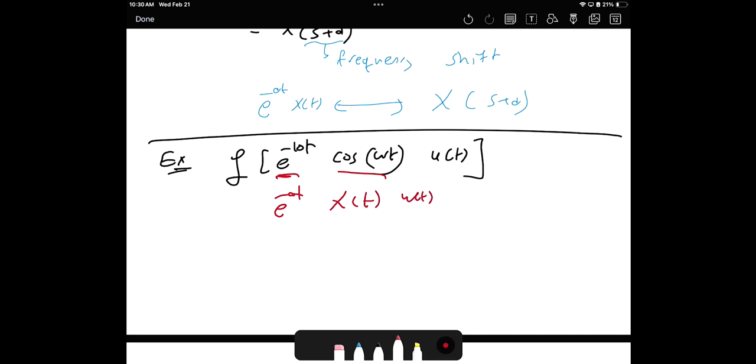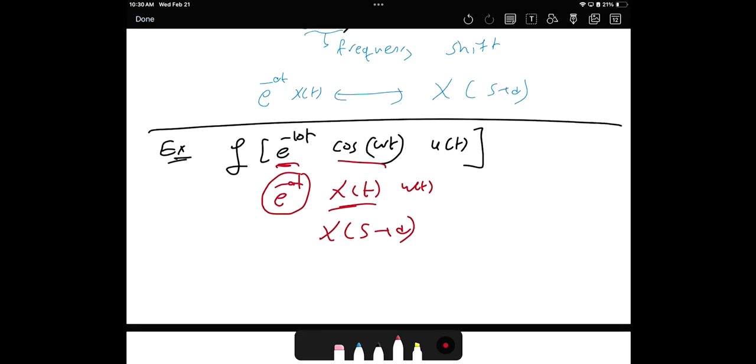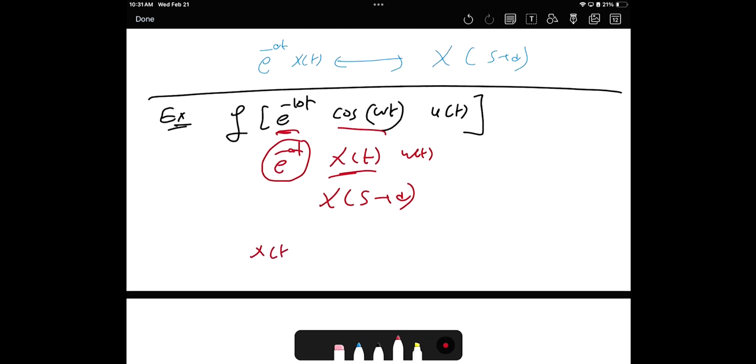So basically, since we have this exponential, it will be X of s plus a. That's our goal. So let's try to find x of t alone, and convert to X of s. So x of t equals cosine omega t, right? Then X of s is, for the cosine, s over s squared plus omega squared.